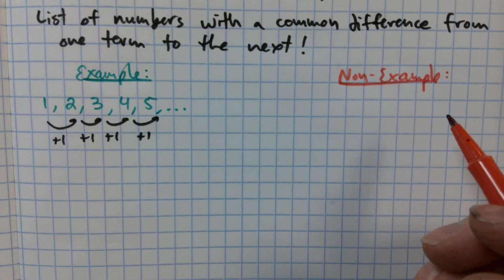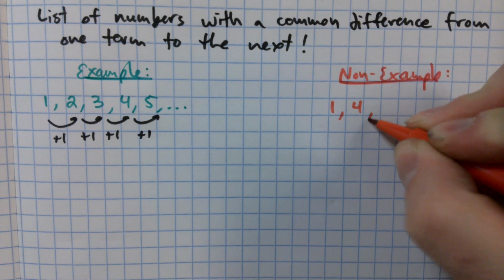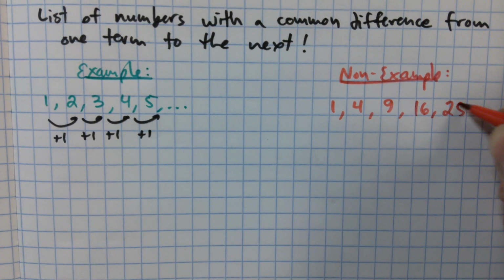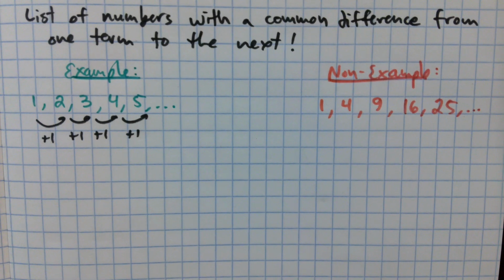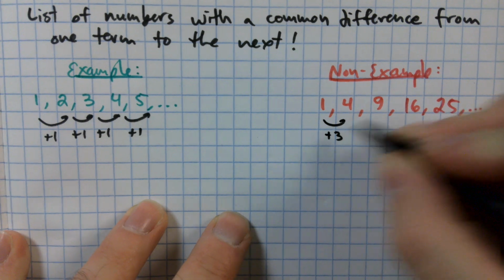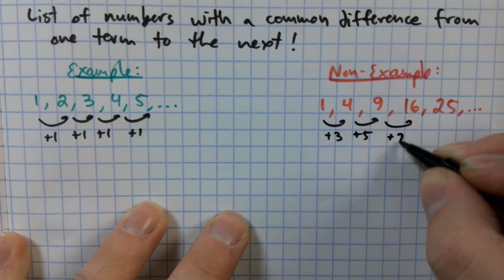Okay, a non-example of an arithmetic sequence would be like 1, 4, 9, 16, 25, and so on. Do those 5 terms have a common difference between them? No. I see from 1 to 4 is plus 3. From 4 to 9 is plus 5. From 9 to 16 is plus 7.